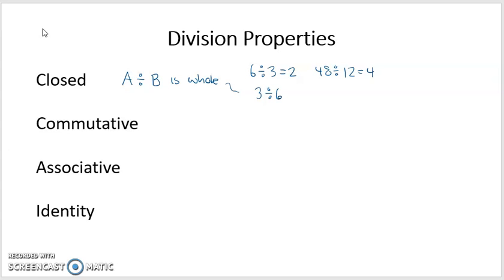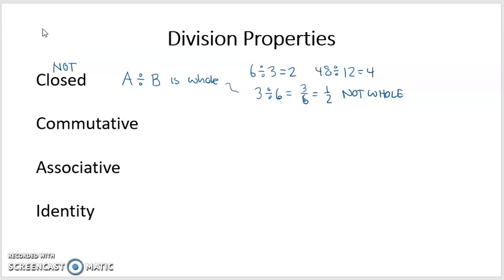If you do that, say, in a calculator, or as a fraction, that's going to be 3 over 6, which equals 1/2, which is not whole. So what does that say? That says that whole numbers are not closed under division.